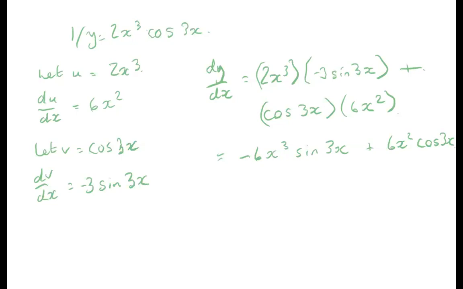He's taken 6 and x squared outside some brackets, and then he's put this half over the other side, so the sign in the middle is negative. So he's got cos 3x minus x sine 3x.